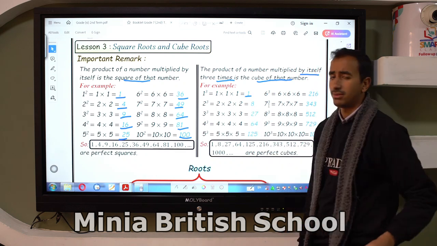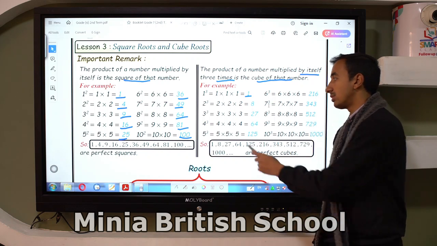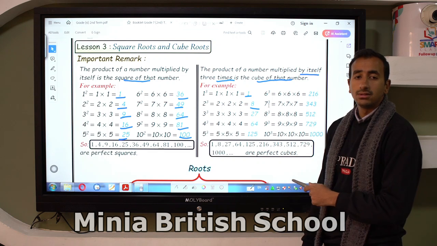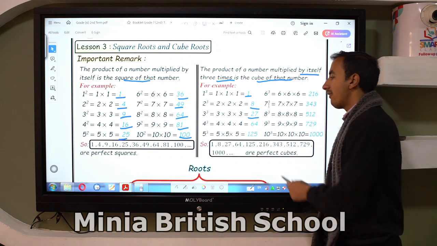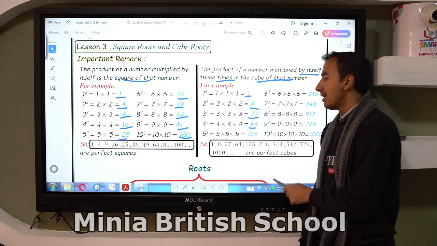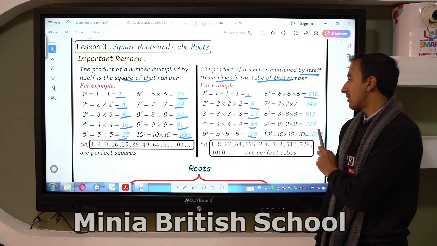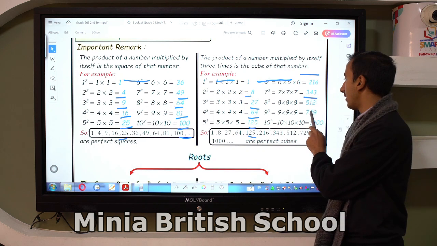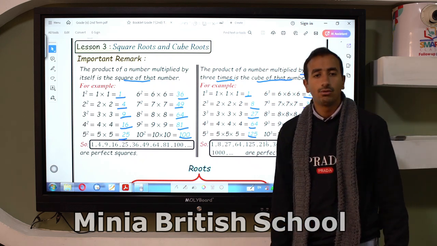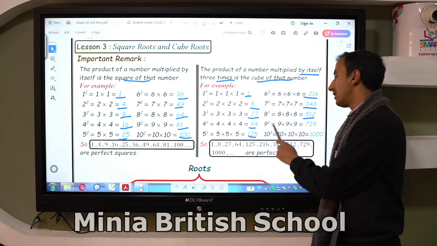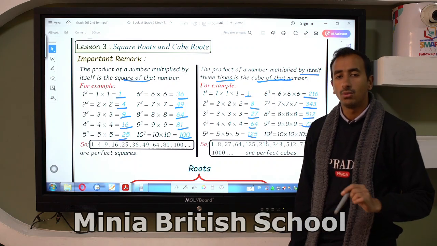It's also 1, since any number times 1 equals itself. 2 power 3, 2 times 2 times 2, 2 times 2 is 4, 4 times 2 is 8. 3 power 3, 3 times 3 times 3, 9 times 3 is 27. 4 power 3 will be 64, 5 power 3 will be 125, 6 power 3 equals 216, 7 power 3 is 343, 8 power 3 is 8 times 8, 64 times 8 equals 512, 9 power 3, 9 times 9 times 9 equals 729, and 10 power 3 will be 1000.